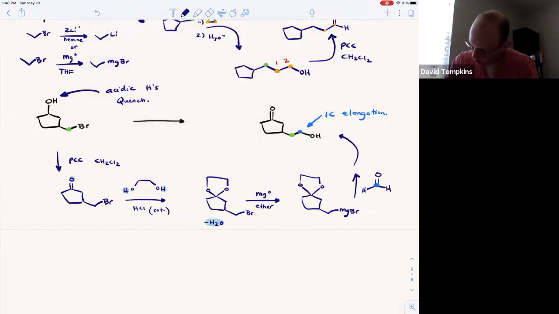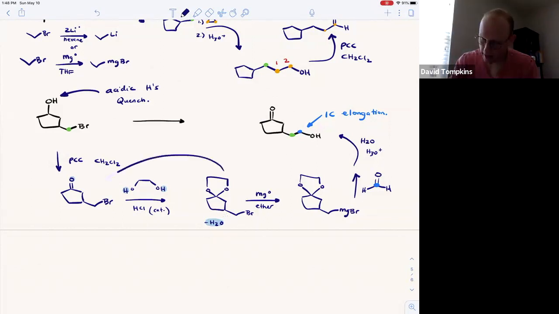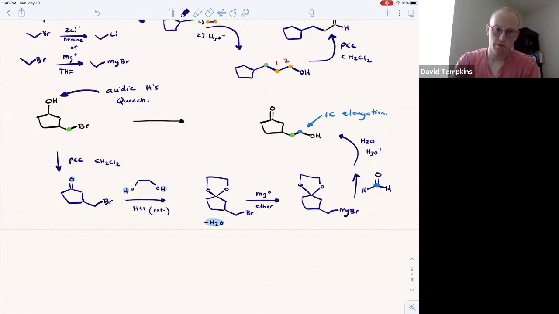If you work this up with acid and water, then the acid and water will not only put the proton on the alcohol, but it will also deprotect or reverse the ketal, because water was a product during the ketal formation. So if you add water back, it goes backwards to the ketone, or deprotects.